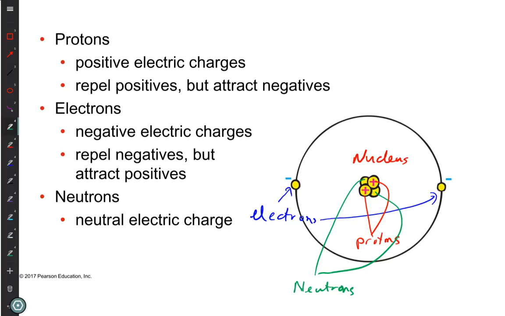Now, what should the two positive... This here is a helium nucleus, by the way. This is a helium-4 nucleus. What should those two protons in the nucleus be doing to each other according to the electrostatic force? They should be repelling each other. And yet, that is one of our most stable nuclei. It's quite stable.